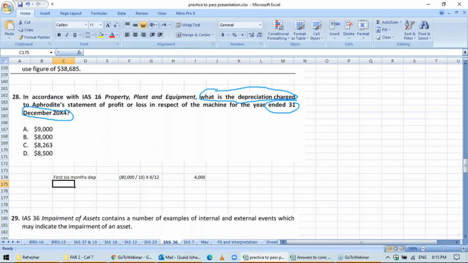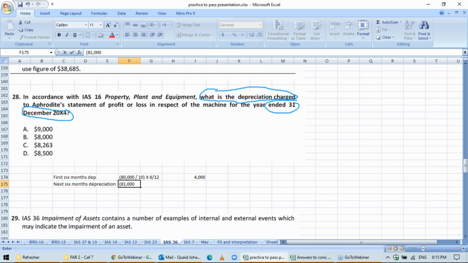So the next 6 months depreciation will be on the revalued amount. So next 6 months depreciation will be on 81,000, right? So this revaluation occurs after 1 year's time, right?